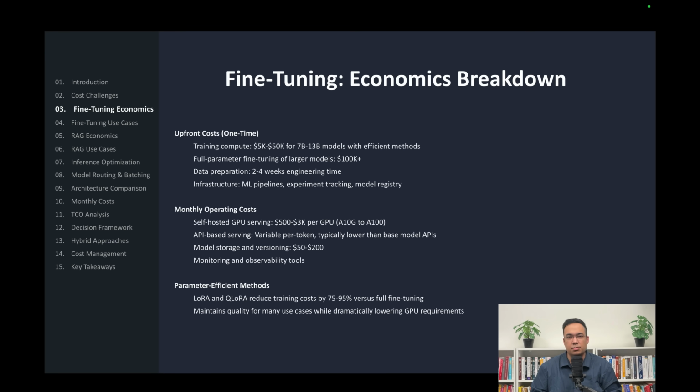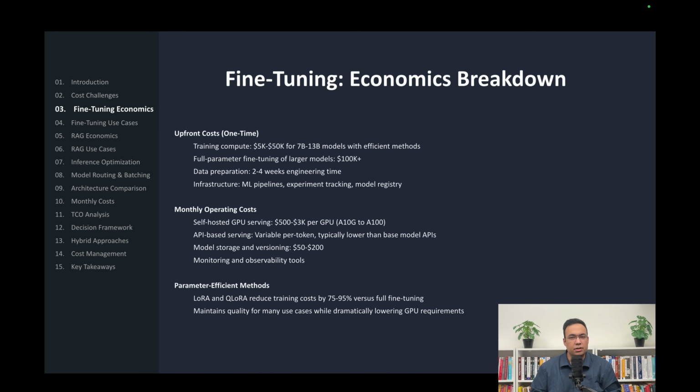This is not just about collecting data, it's also about cleaning it, ensuring quality, formatting it correctly, and often manually reviewing and correcting examples. And then there's the infrastructure setup, which involves building ML pipelines, experiment tracking systems, and model registries. This is usually a one-time investment that you amortize across multiple fine-tuning projects.